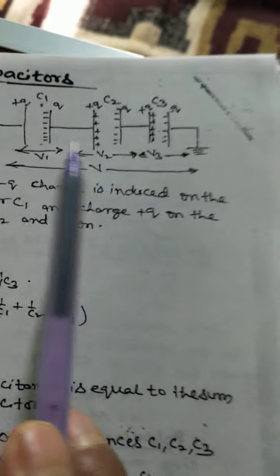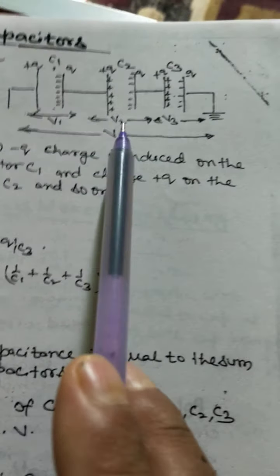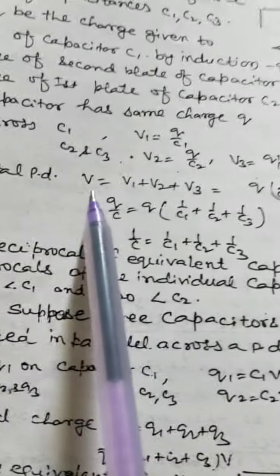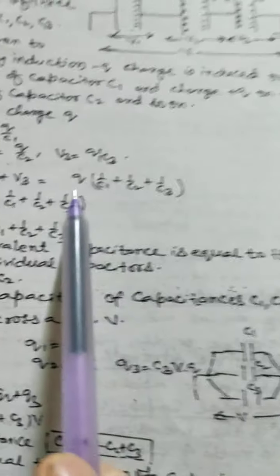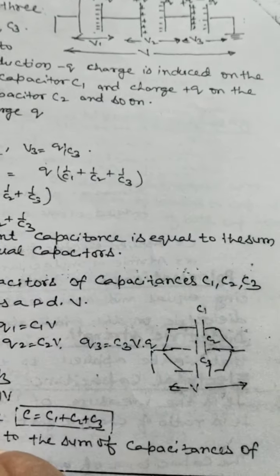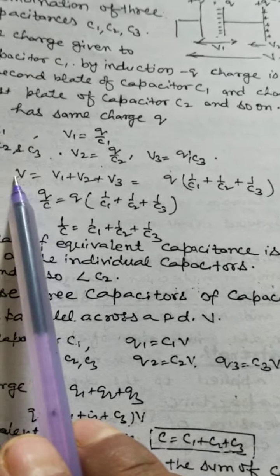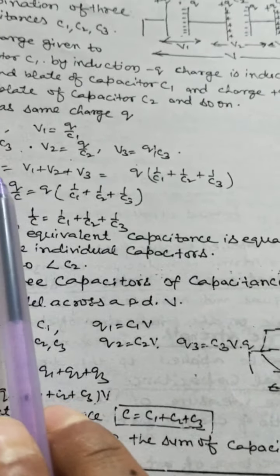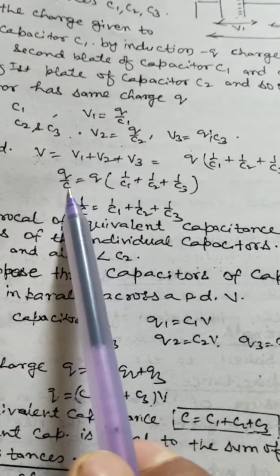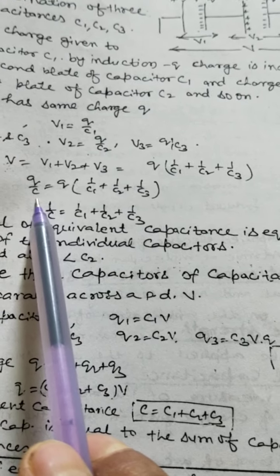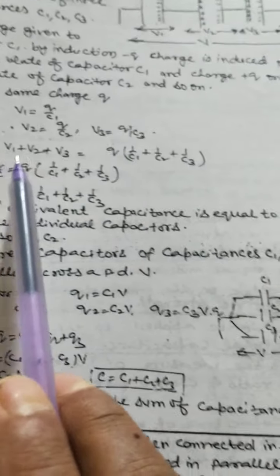So what is the total potential difference? V1 plus V2 plus V3 is equal to V. Putting these values here, V is equal to this, taking Q common. Now for the equivalent capacitance, V is equal to Q by C, where C is the equivalent capacitance. Q cancels out.